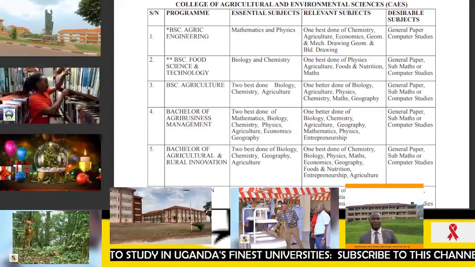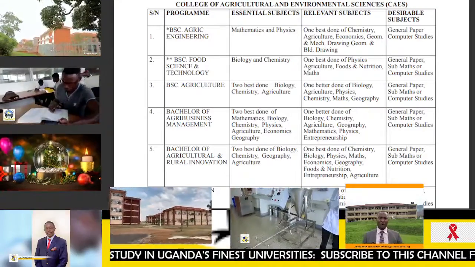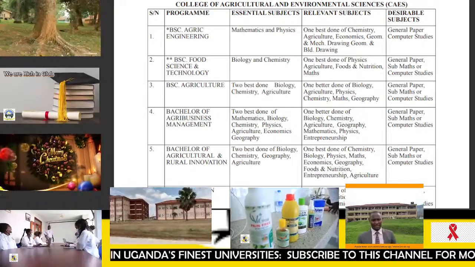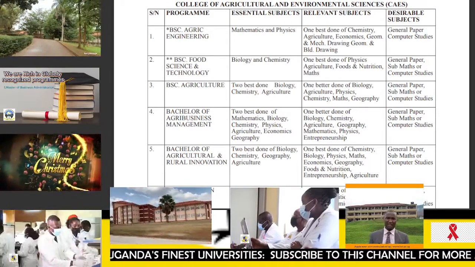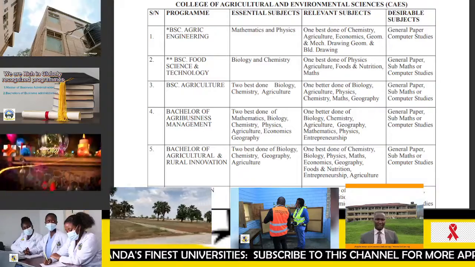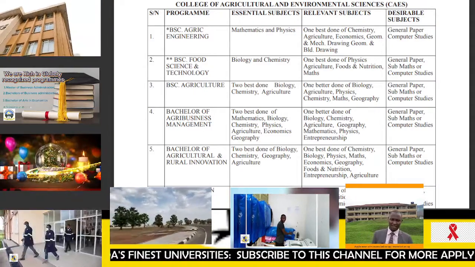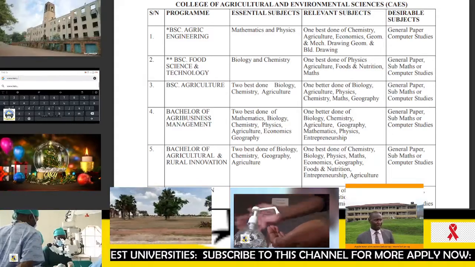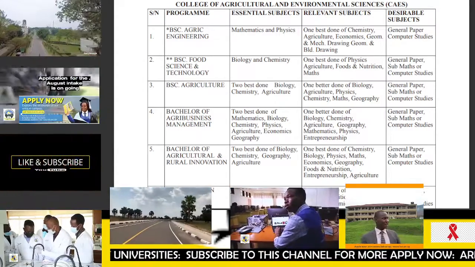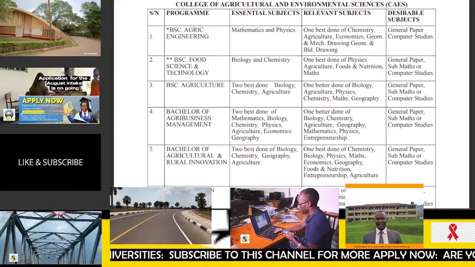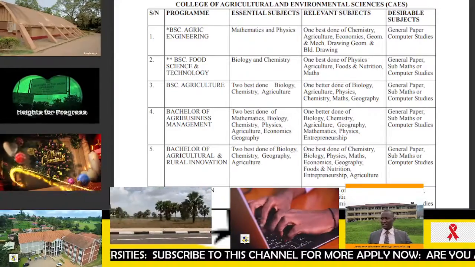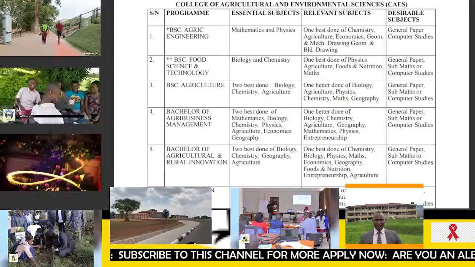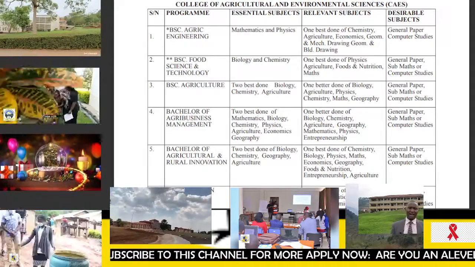Then you also need to compare. For example, Bachelor of Medicine and Bachelor of Surgery. At Makerere University, you need 48.6. That's the cutoff point. That means you need about 18 points and above. At Mbarara University, it is 46.9. That means a student who has at least 17 and above would qualify for medicine and surgery at Mbarara.